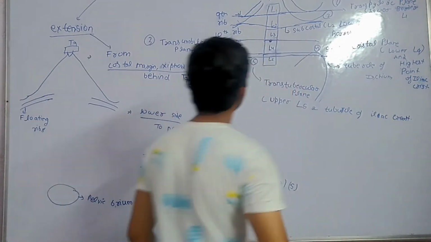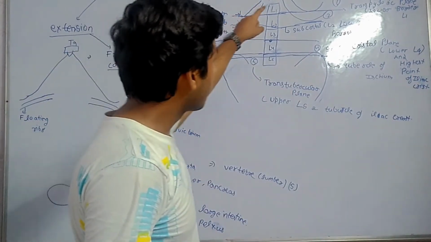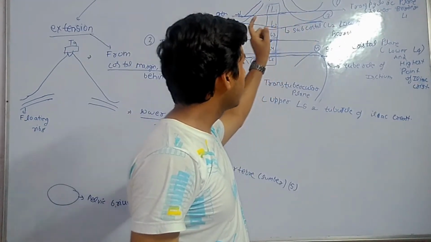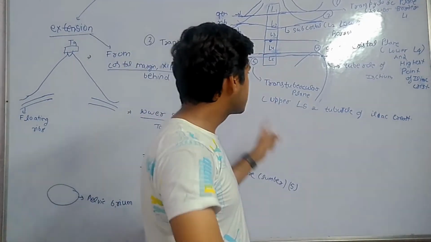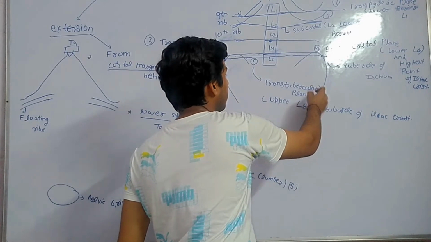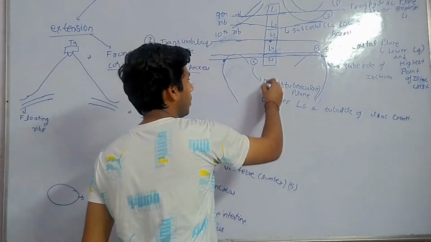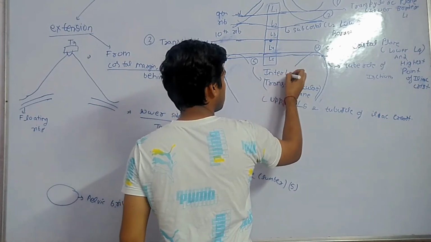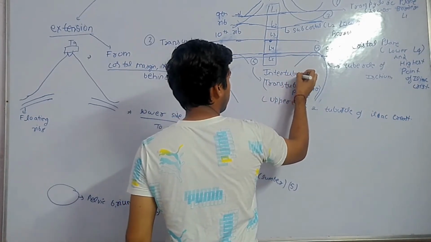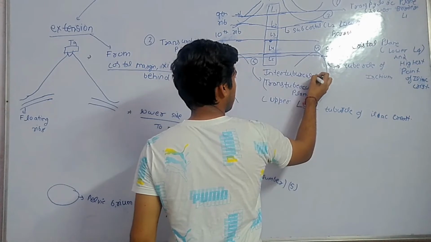Done. So these are 5 major planes: transpyloric, subcostal, transumbilicus, supracristal and transtubercular. इसे intertubercular plane भी बोला जाता है, also called intertubercular plane.